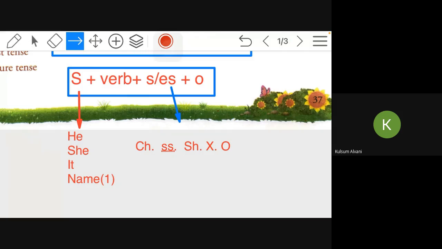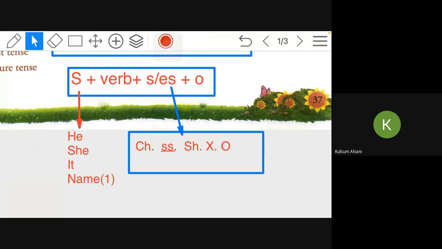See, students, when any verb is ending with ch or double s or sh or x or o, at that time we have to add es. First, we have to check whether there is he, she, it, or anyone's name.